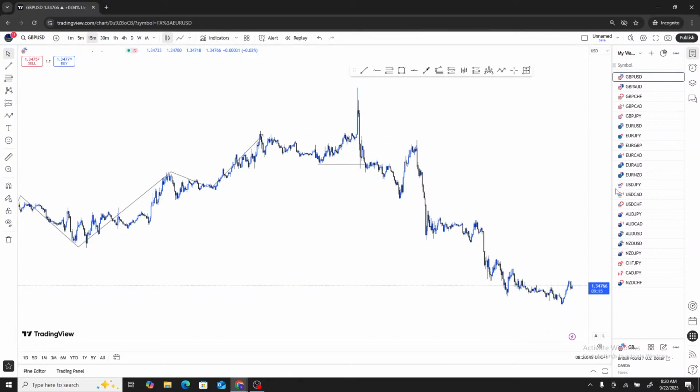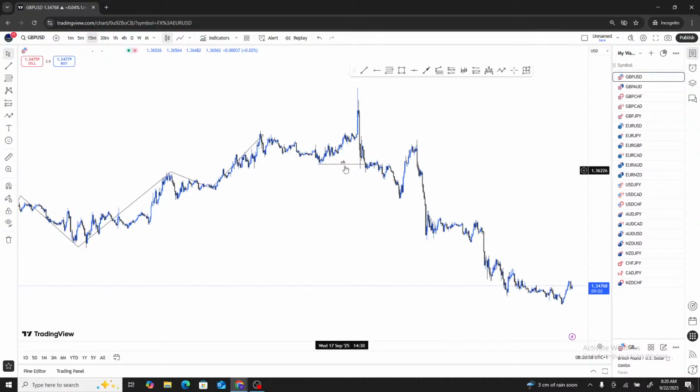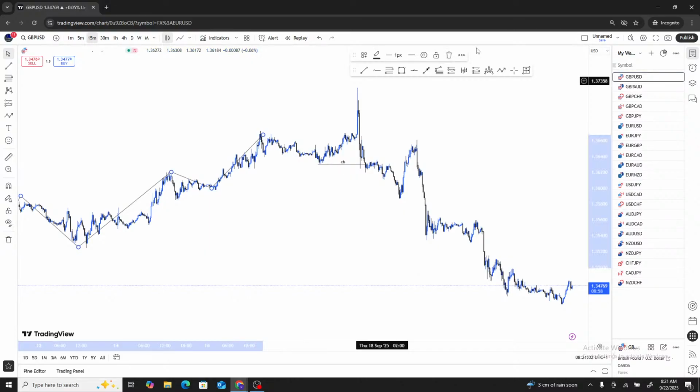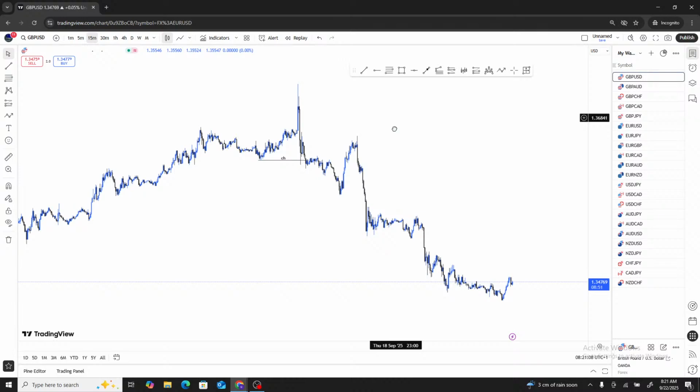We know that the market has changed direction from an uptrend to a downtrend. What is the next thing we are going to do?